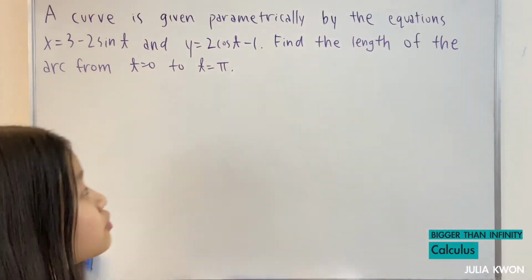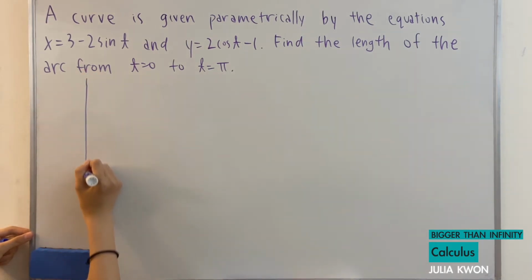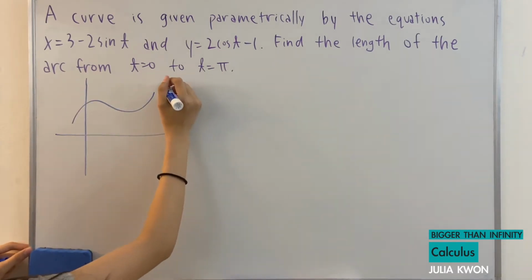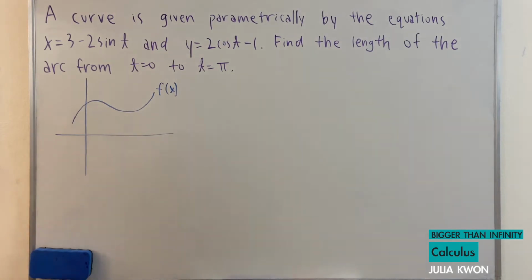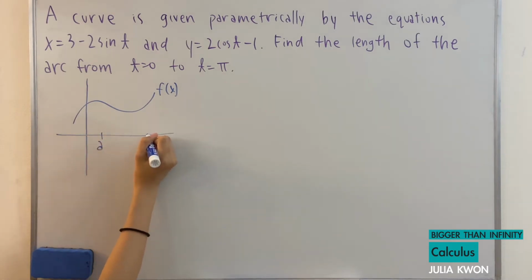The first thing we need to do is I'll give you guys an example. If we have the curve f(x), and we were trying to find the length from the interval a to b.